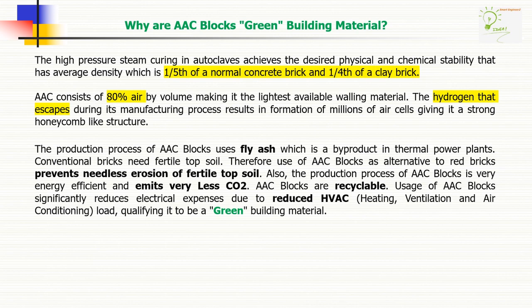Therefore, use of AAC blocks as alternative to red bricks prevents needless erosion of fertile topsoil. Also, the production process of AAC blocks is very energy efficient and emits very less carbon dioxide.